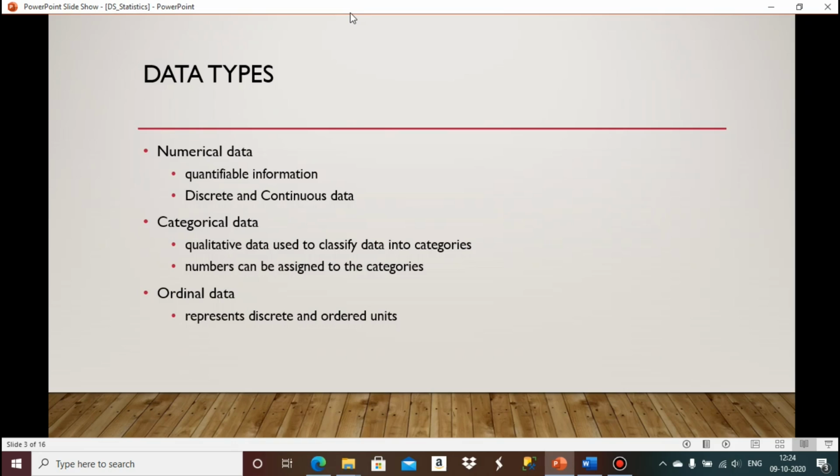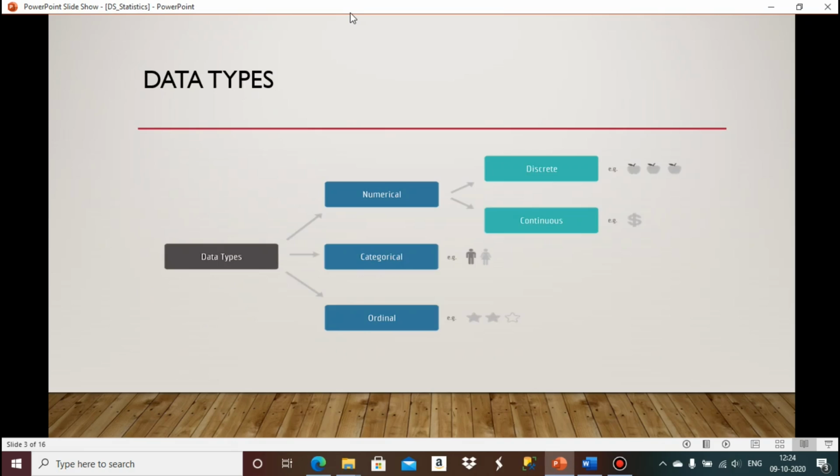These numbers have some significance in order, because if a movie has a rating of 5, that signifies that the movie was very good. If the rating is 1, that means the movie was not that good. So here also it is categorical data, but the categories are always in some order. That's why they are known as ordinal data.